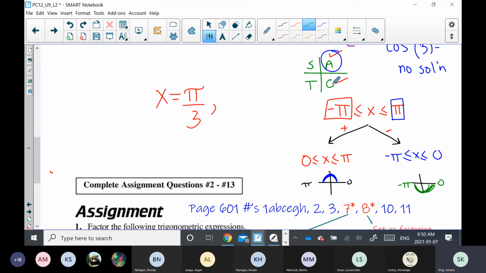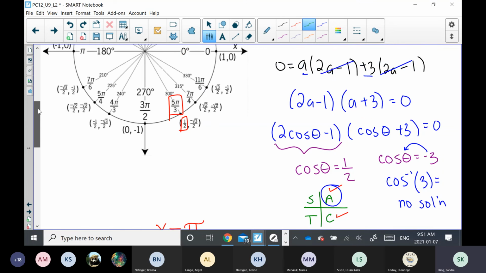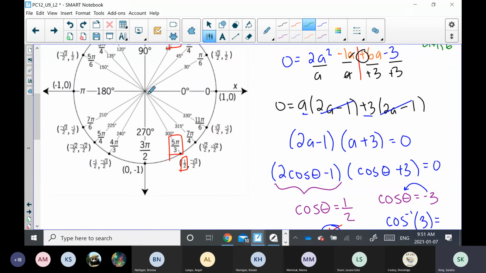And some students would say, well, yes, I can include this one here, which is true, you can, except you have to say, well, what would that be going in the negative direction, right? So yes, I could pick that answer here, but I have to write that in the negative direction. So if I go back to my unit circle, this is an answer, but it's not 5 pi over 3.